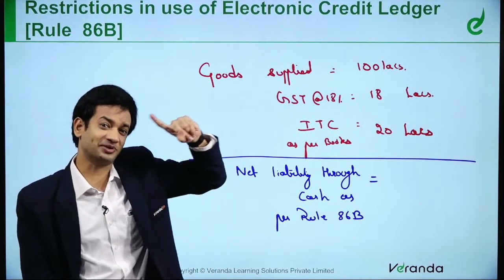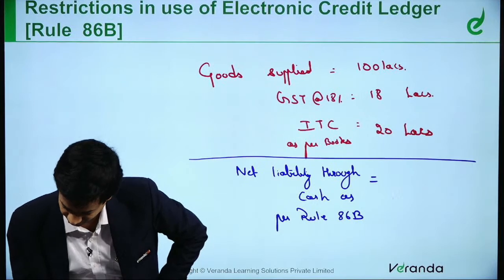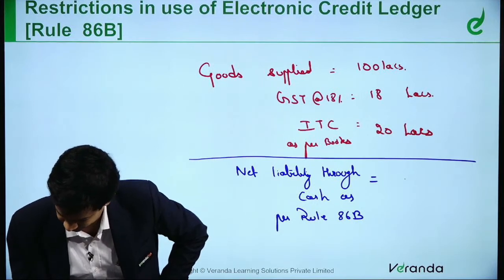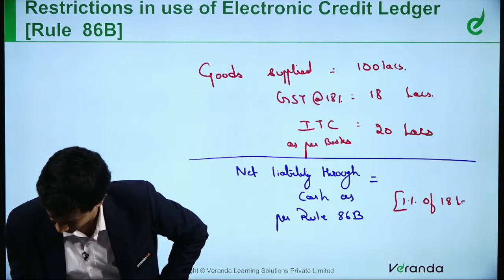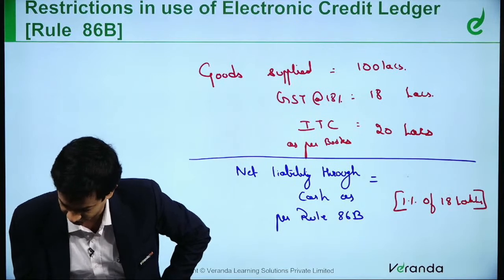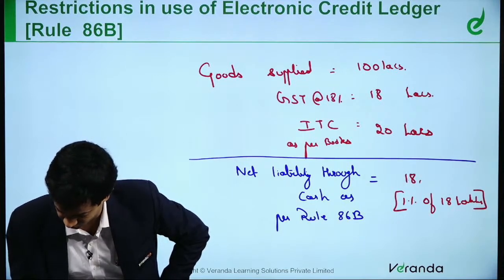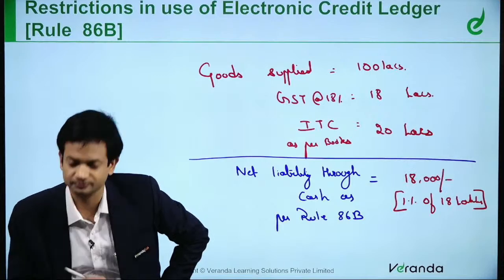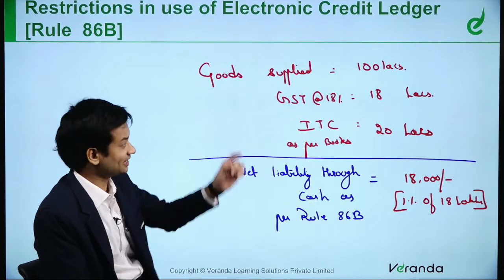So only 99% I can adjust through the credit ledger. So here if you see, 1% of 18 lakhs I will have to pay through cash ledger mandatorily, 18,000. Because 1% of 18 lakhs I will have to pay.